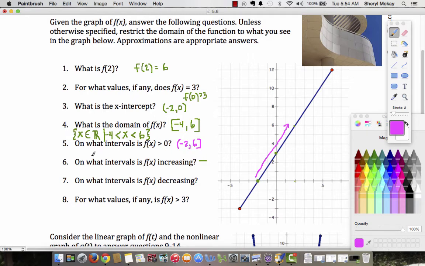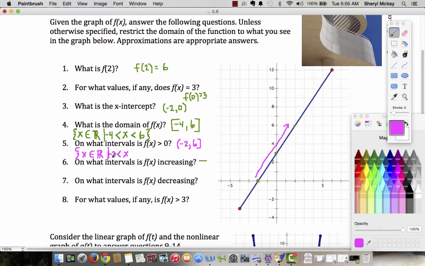Now, let's write it in set builder notation. So again, we use our little curly braces. We're going to say x is an element of, and again, it's still the real numbers, such that x is greater than -2.